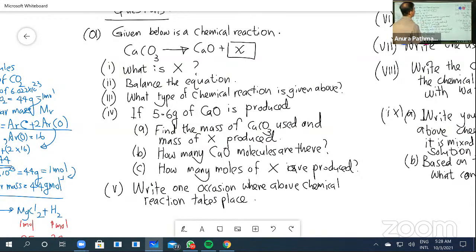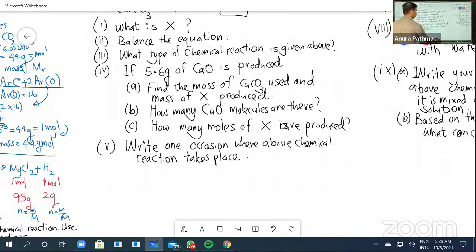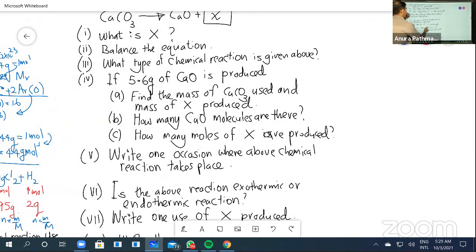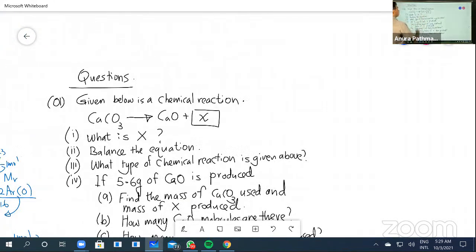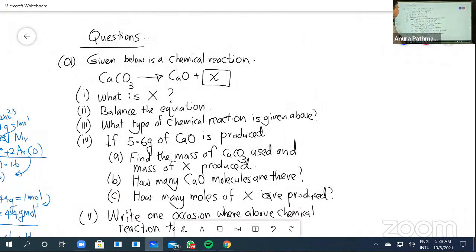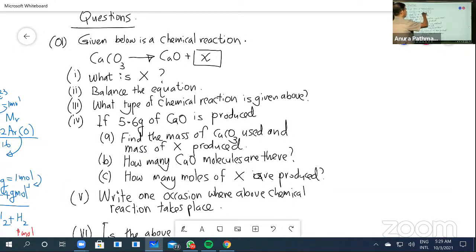Given below is a chemical reaction, calcium carbonate, calcium oxide, X. My question: what is X?